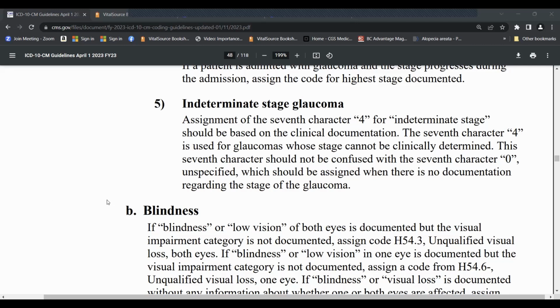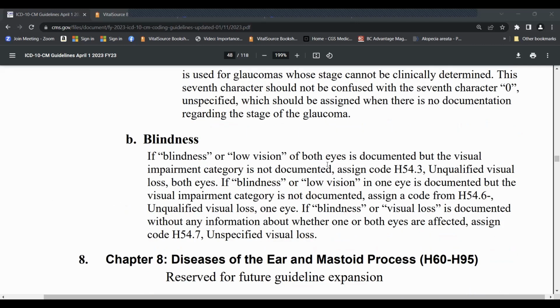So blindness. If blindness or low vision of both eyes is documented, but the visual impairment category is not documented, assign H54.3, unqualified visual loss, both eyes. If blindness or low vision in one eye is documented, but the visual impairment category is not documented, assign a code from H54.6, unqualified visual loss, one eye.